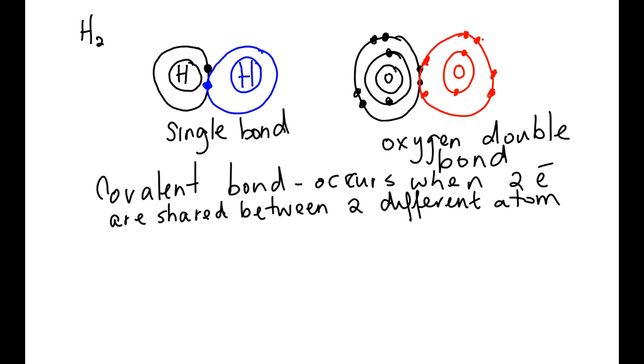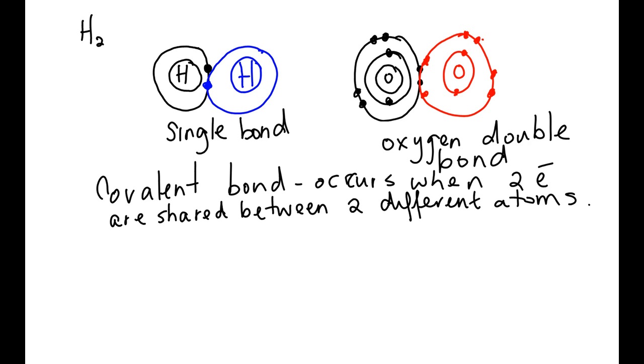So, if you have one pair or one group of 2 electrons between 2 atoms, it's a single bond. If you have 2 pairs of electrons between 2 atoms, it's a double bond.